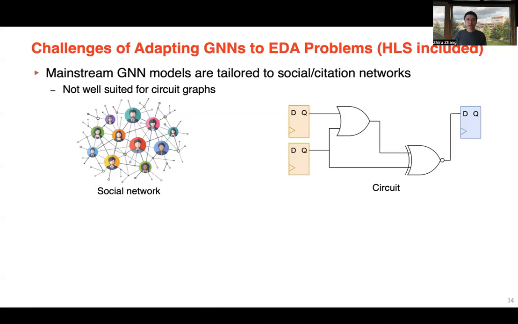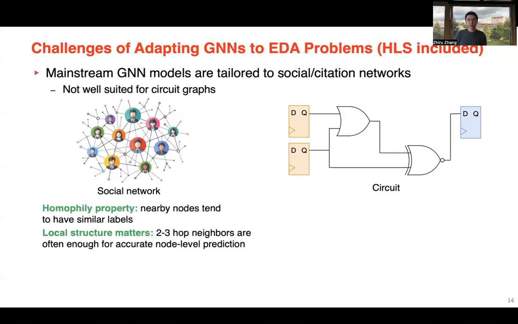First, if you look at how the current graph learning models are employed in EDA settings, we usually directly use the mainstream GNN models that are actually tailored for social networks or citation networks. But these kinds of models are not necessarily well suited for circuit graphs.